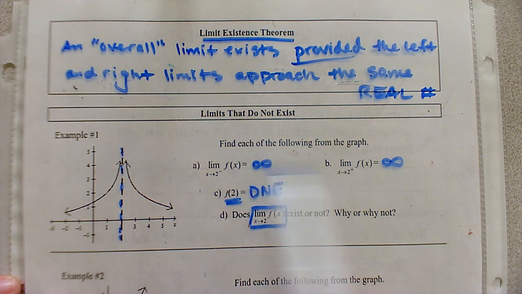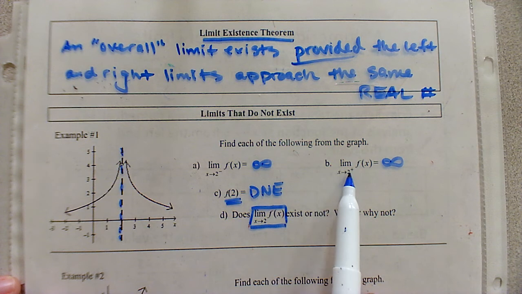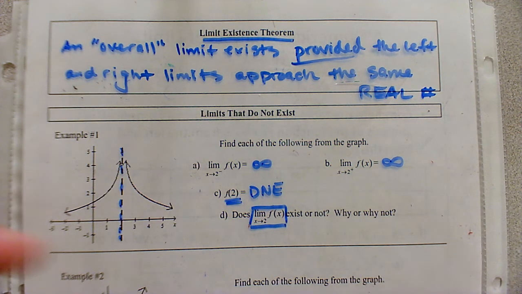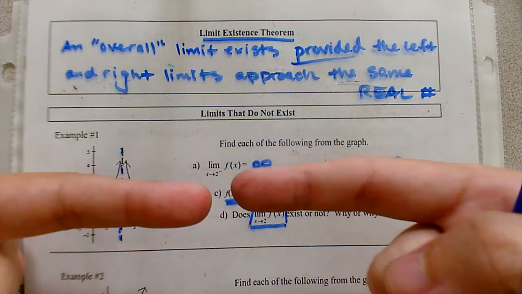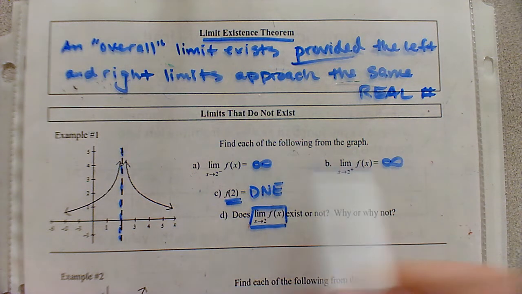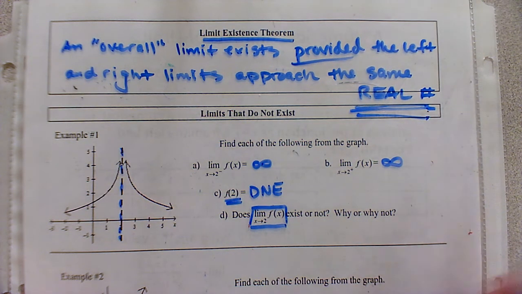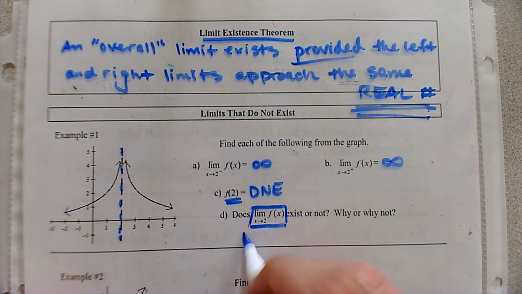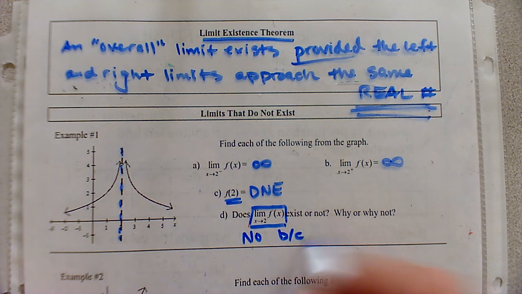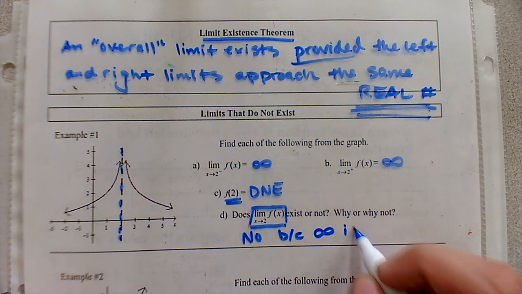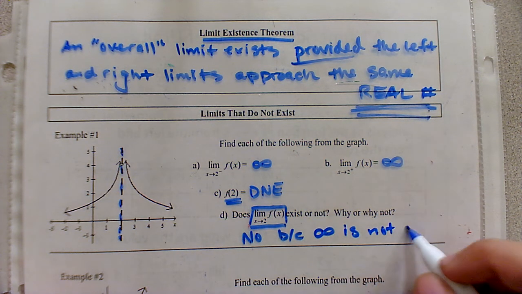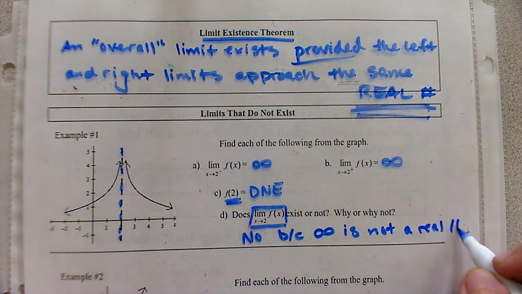If we look at what we wrote previously, the left side of 2 goes up forever, the right side of 2 goes up forever, we might think that they would meet or approach at some point because these numbers are the same, but infinity is not a real number. Okay, so we would have to say no, because infinity is not a real number.